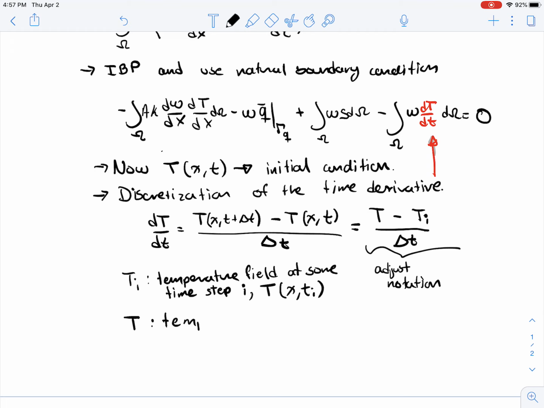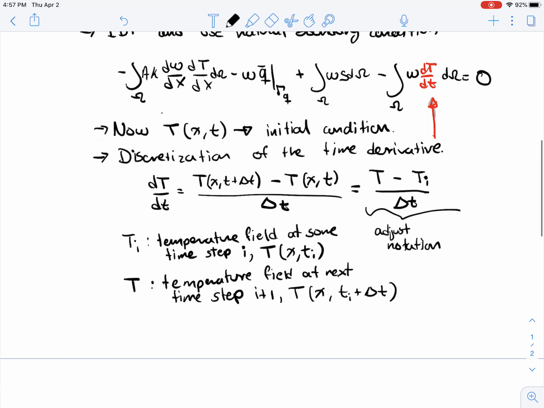And then this T without the subscript, I'm gonna call that the temperature at the next time step. So the temperature field at the next time step, i plus 1, will be the temperature over x for ti plus delta t. That's just for notation. It's just gonna make it easier when I plug that in.